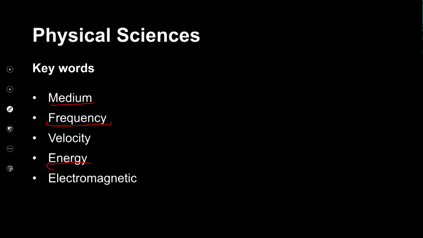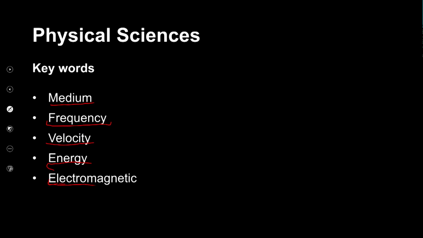We also know that all waves travel through their mediums with a particular velocity, and this will form the basis of quite an interesting discussion on how fast electromagnetic radiation travels and how it's the fastest thing we've ever observed. Finally, you should be familiar with the idea of electromagnetic, in that all of the radiation in the electromagnetic spectrum is made up of two components, one electrical and one magnetic.